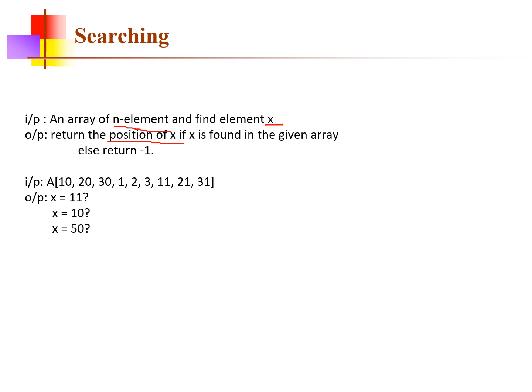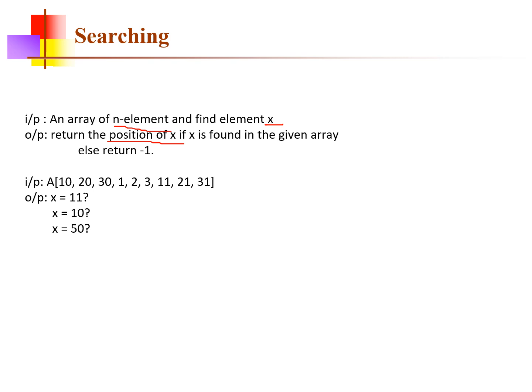So suppose this one is my array and in this array the total number of elements is 9. So if you want to search an individual element like 11 here, it will start searching from the 0th index and it will go up to the end of the elements.